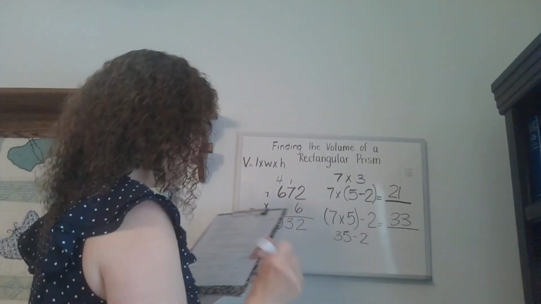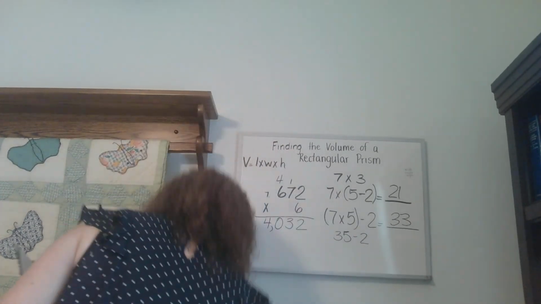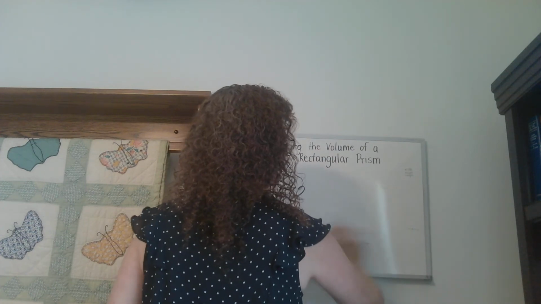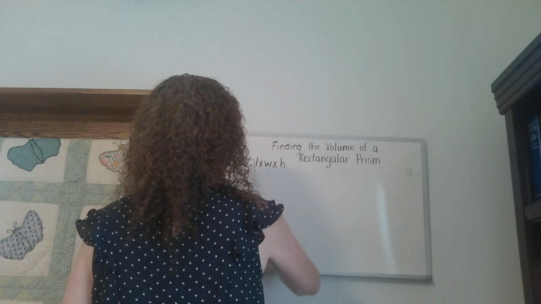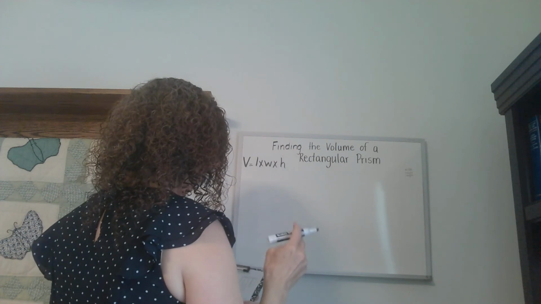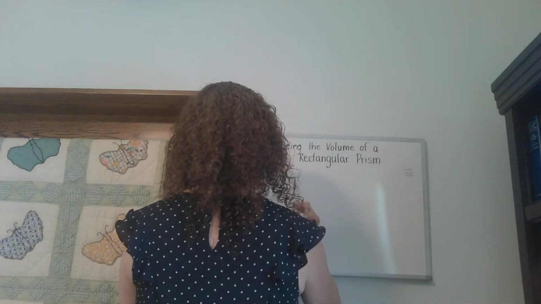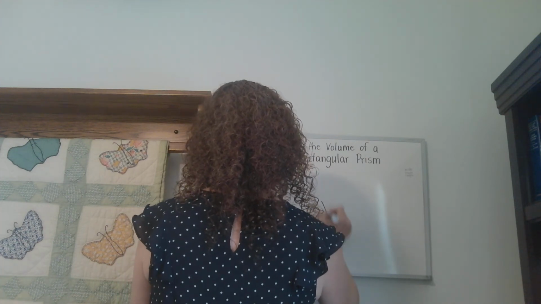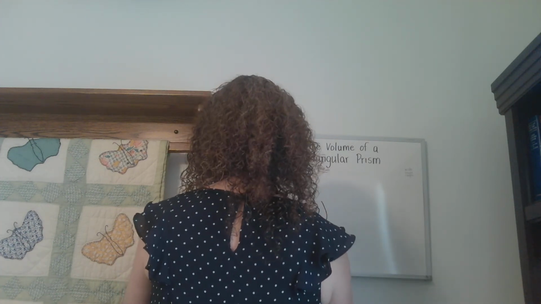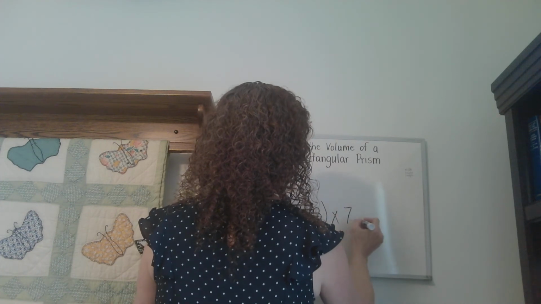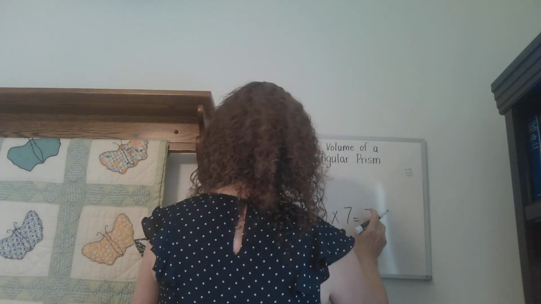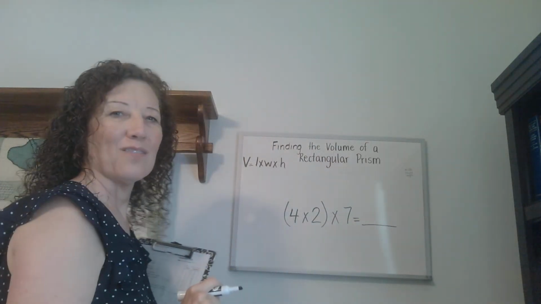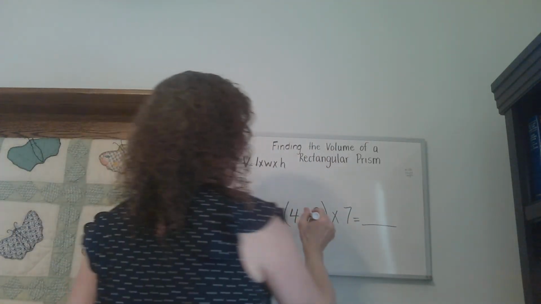Let's see what the last one is. Let me erase it. It's getting a little crowded up here. So we got (4 times 2) in parentheses times 7 is equal to 50. Oops, I don't want to tell you that answer yet. All right, so let's work it out. We've got 4 times 2 is 6.